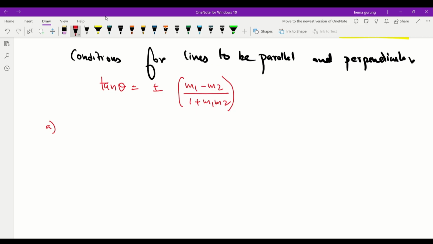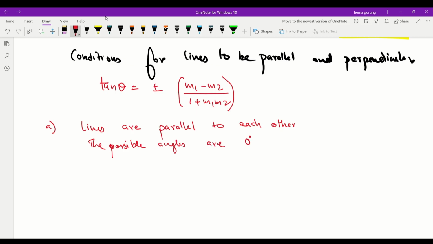Okay, let's say the lines are parallel to each other. If they are parallel to each other, what are the possible angles formed by them? The possible angles are 0 or 180 degrees.